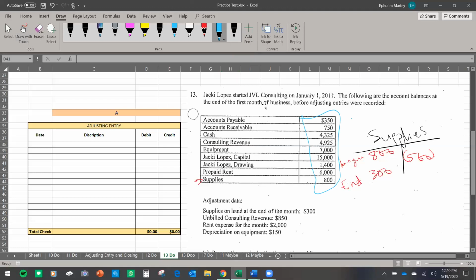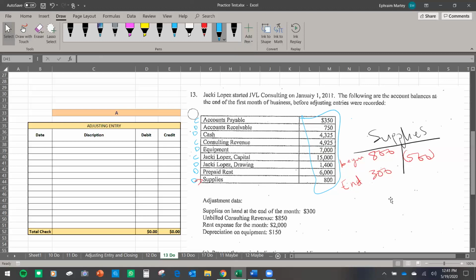Okay, and we know account payable is a credit. So this one right here is a credit. Account receivable is a debit. Cash is a debit. Consultation revenue is a credit. Equipment is an asset, debit. Capital is a credit, equity. Drawing is a debit. Prepaid rent is a debit because it's an asset, and then supplies is a debit. Okay, so you will have to figure out if it's a debit or if it's a credit.